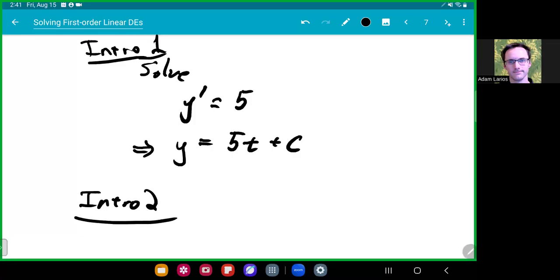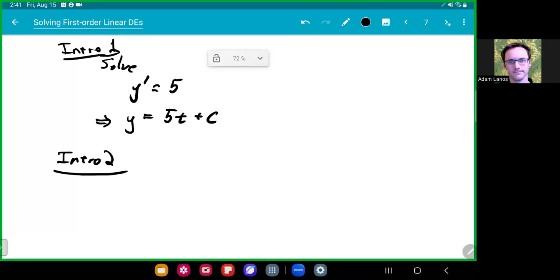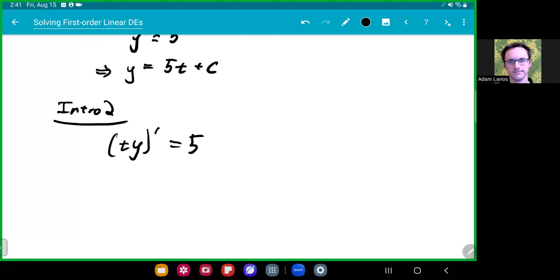Intro 2. Let's make the problem a little more complicated. Something prime is equal to 5. And the something that I want to put here is t times y. So all of a sudden, we have an equation which is no longer autonomous. The coefficients are not constant. It is still linear, and it's in a nice form.